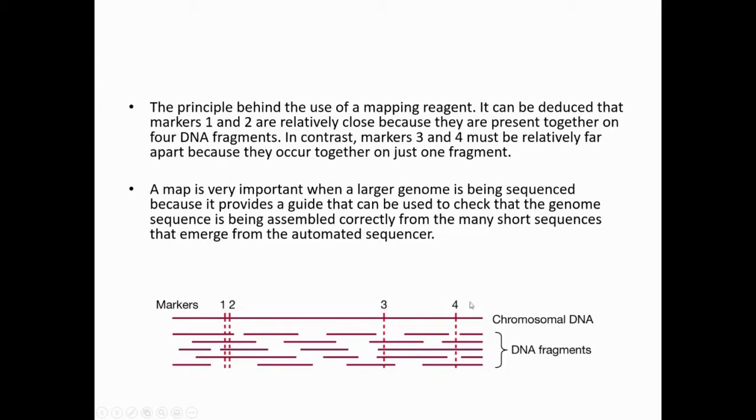And for number 3 and number 4, for example, they only share 1 fragment, and that means they are further away, relatively far apart from each other. So this is the way to determine it, using the mapping reagent.